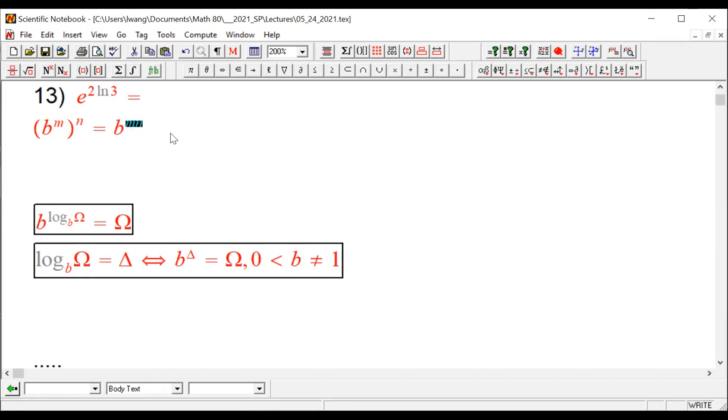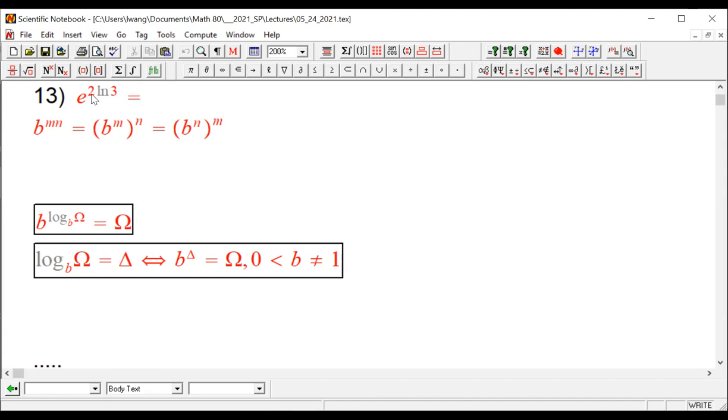We have m, we have n. So we can write them in many different ways. b to the power of mn is equal to b to the power of m to the power of n. It can also be written as b raised to the power of n and then to the power of m, because m times n is the same as n times m, right?